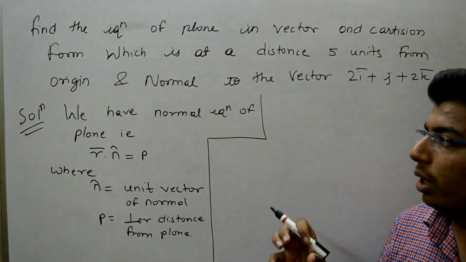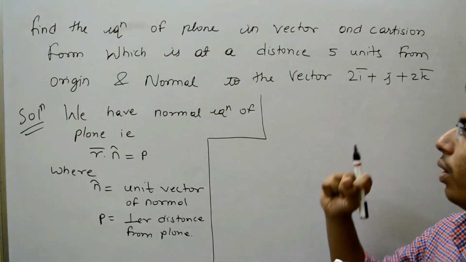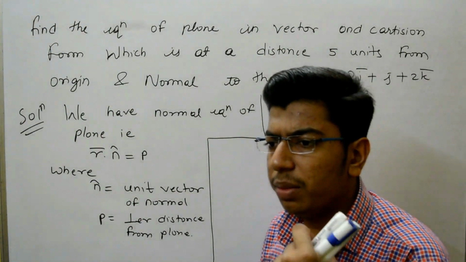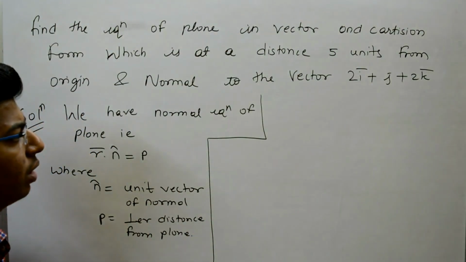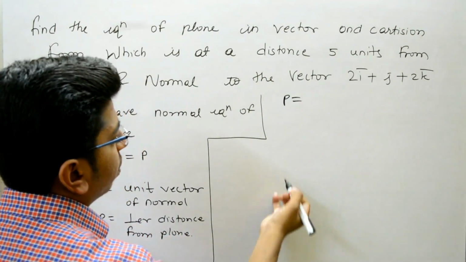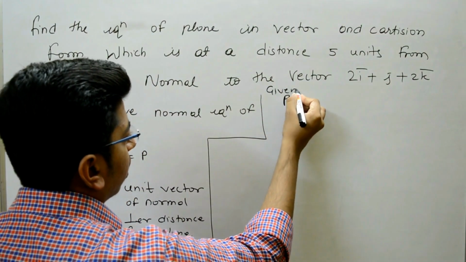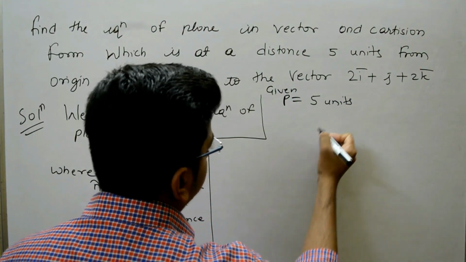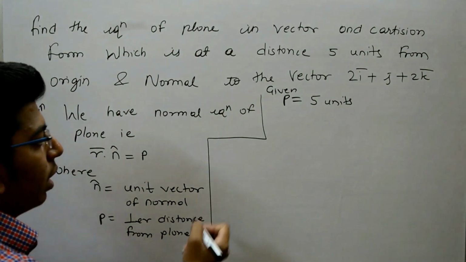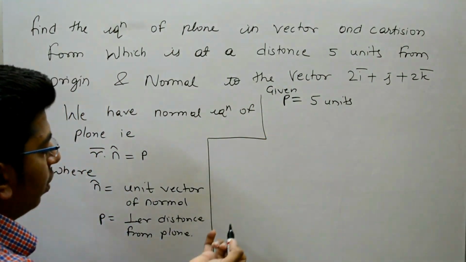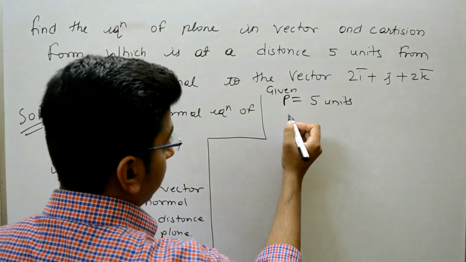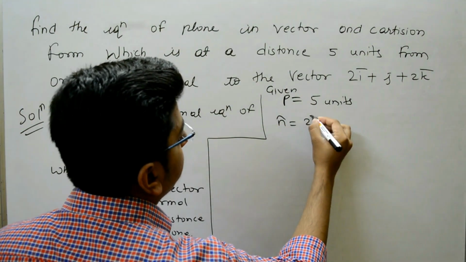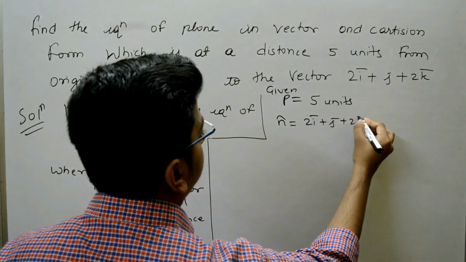So tell me, what are the quantities given over here in the question? First tell me what is the value of P given. P is equal to 5 units. Then what will be next? Then you will say that here it is given that n cap is equal to 2i bar plus j bar plus 2k bar.